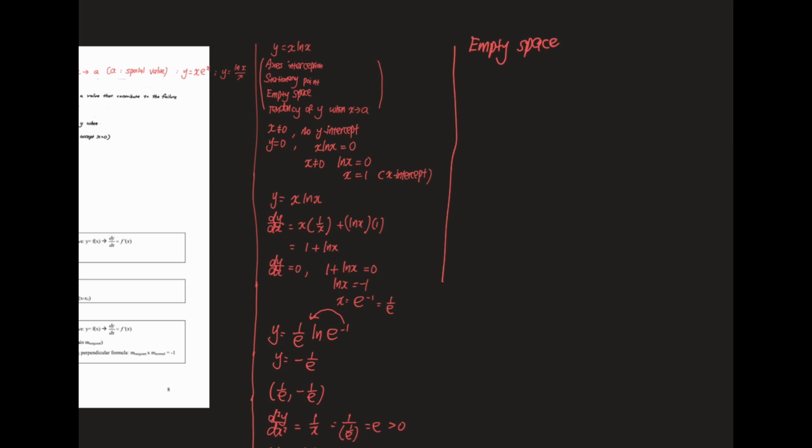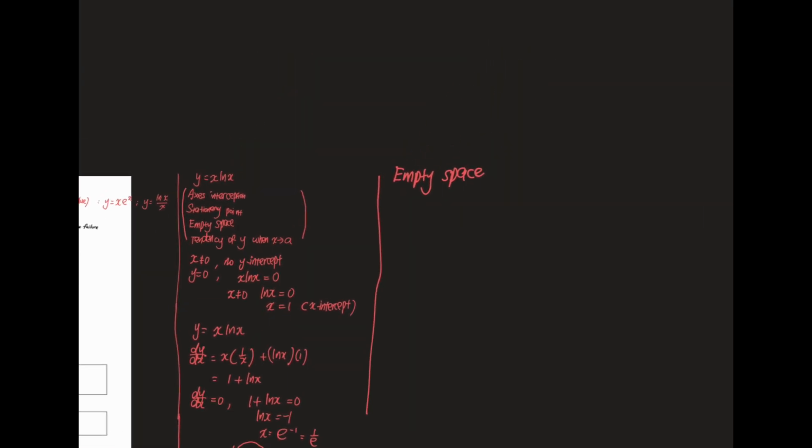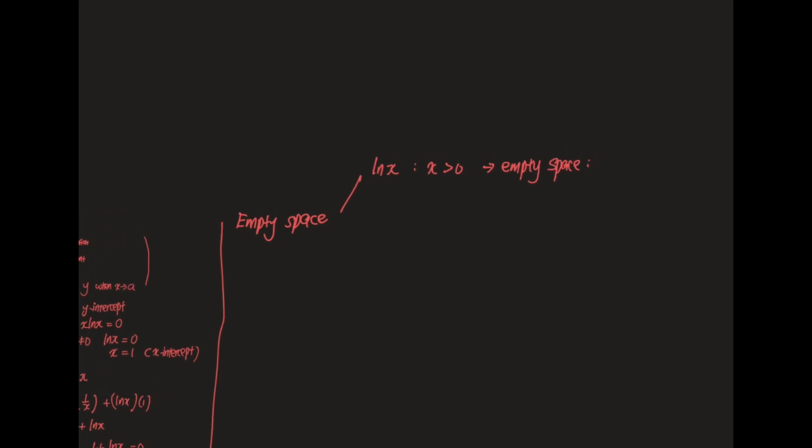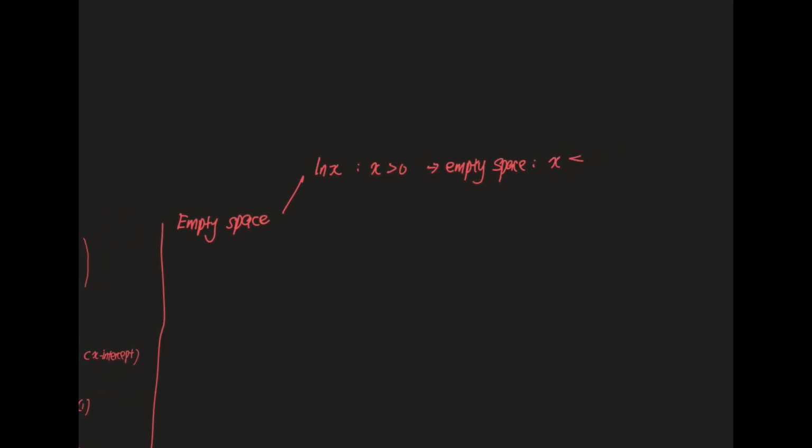We focus on the ln of the exponent. Okay, so the quick note here is, if we have ln, you remember x is always greater than 0. So the empty space happens at the region where x is less than or equal to 0.